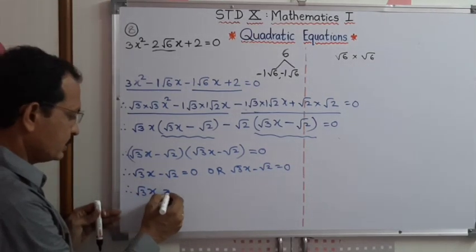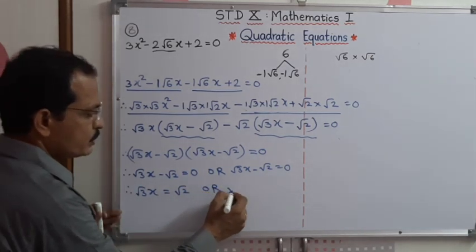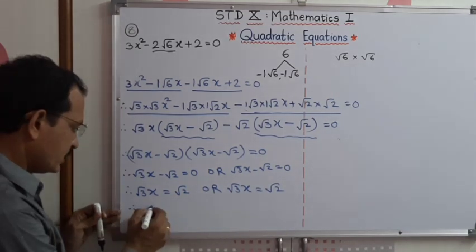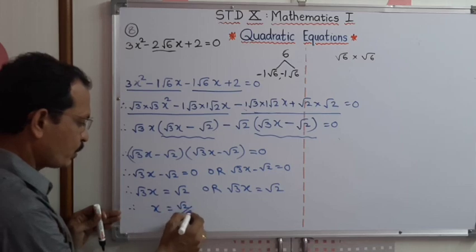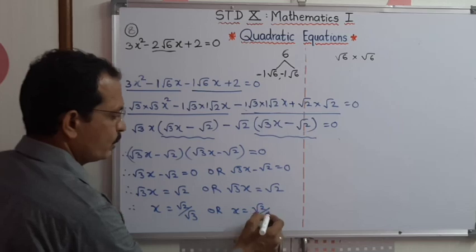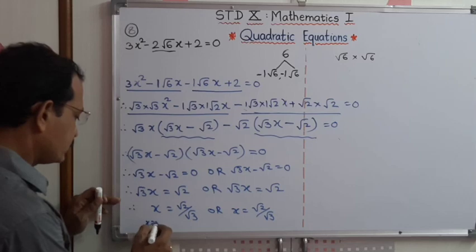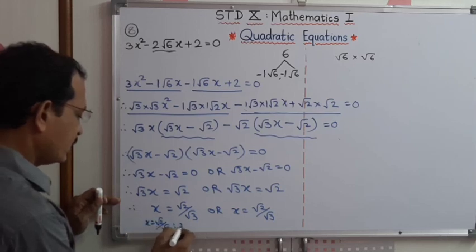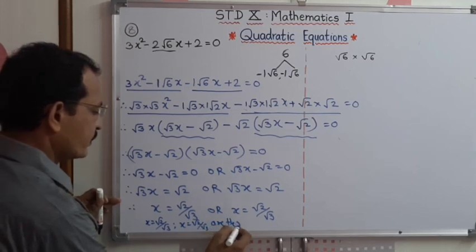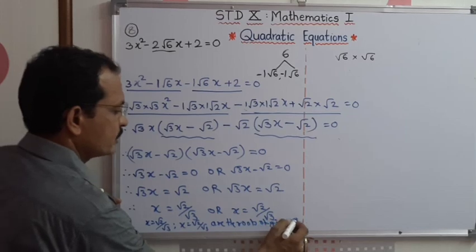Root 3x is equal to root 2. Now see here, x is equal to root 2 upon root 3, or x is equal to root 2 upon root 3. These are the roots, therefore x is equal to root 2 upon root 3 and x is equal to root 2 upon root 3 are the roots of the given equation.